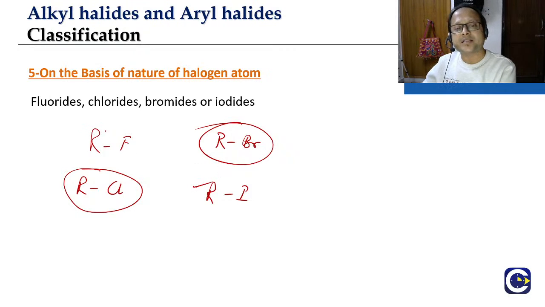We will by and large avoid RF. We won't get much into it because it is quite a risky affair to make fluoroalkanes. You need to be extra cautious. So mostly we'll be focusing on chloroalkanes and bromoalkanes, and sometimes on iodoalkanes also, right?